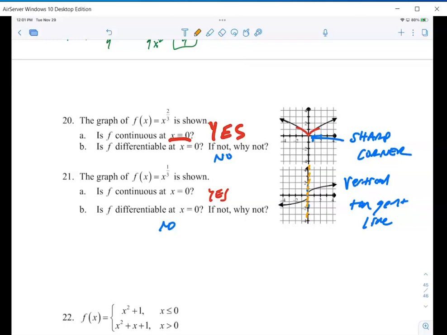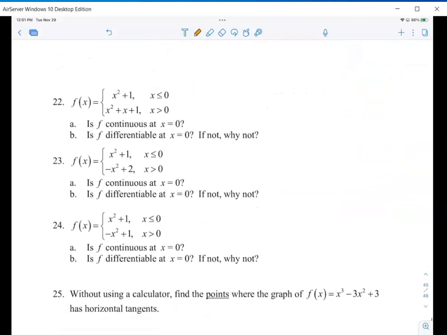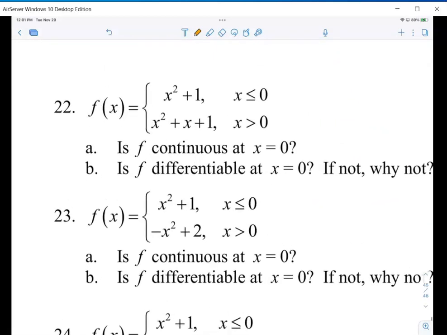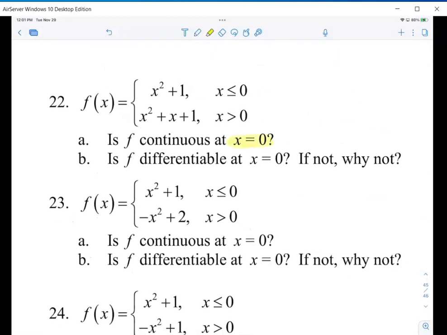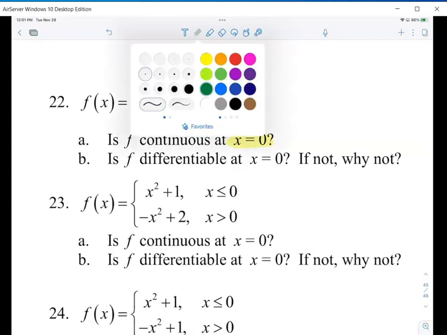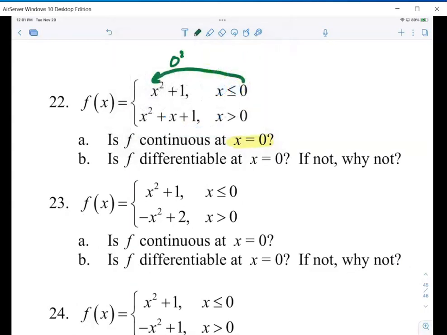Okay, here's how we do these other ones. All right, I'm going to do the first one, and then you guys can practice a couple. To tell whether or not it's continuous, what you want to do is plug 0 into the top, okay? Plug 0 into the bottom.